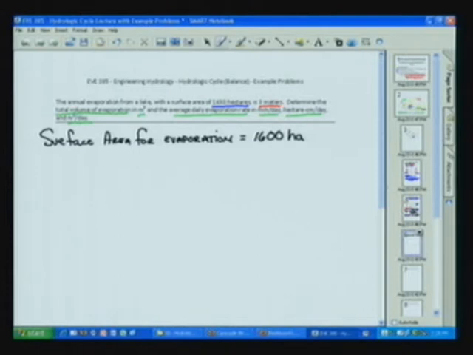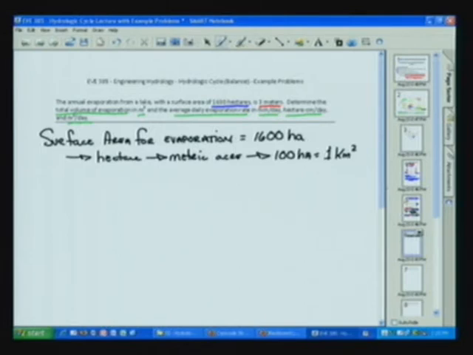Okay. Now, a hectare is a metric acre. And 100 hectares is 1 square kilometer. Okay.